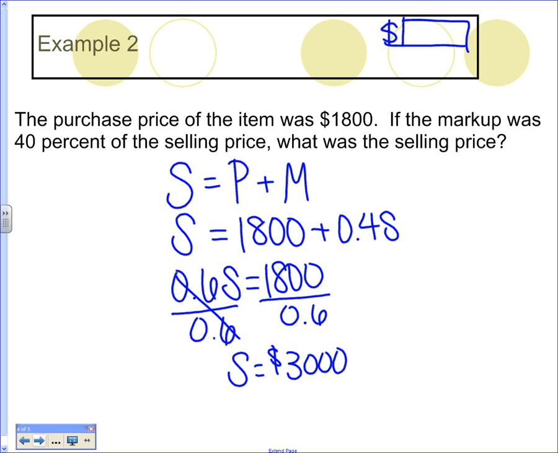Does it ask for anything else? So are we done? I said 1 times 1,800. You were doing 40% of the purchase price. But it says markup was 40% of the selling price.